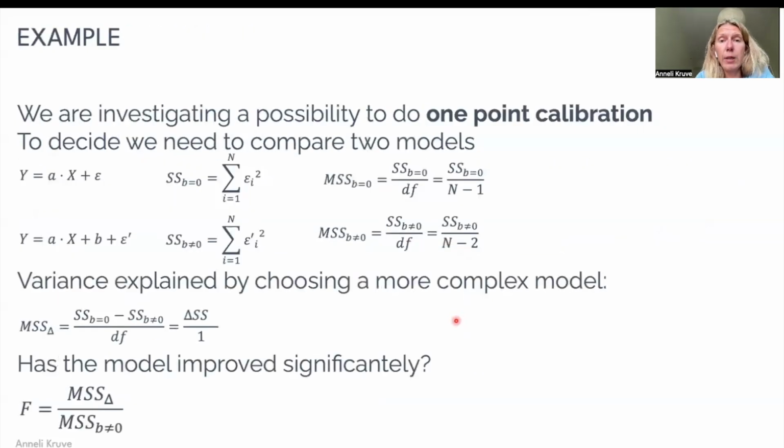Now, when we are, for example, investigating the possibility to do one-point calibration in terms of omitting the intercept, then we could, as one of the first questions, ask: is the intercept needed? So that means that we have two models, one with the slope term and the residual error, and the other one which also has the intercept term and also a residual term.